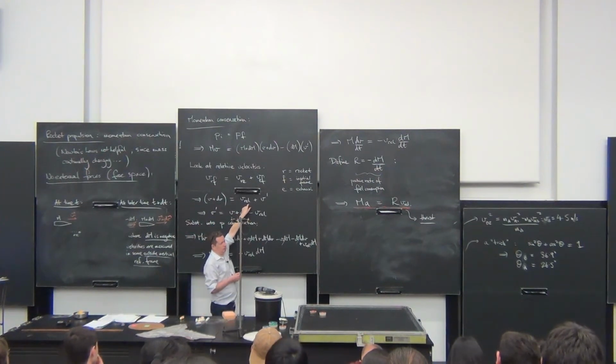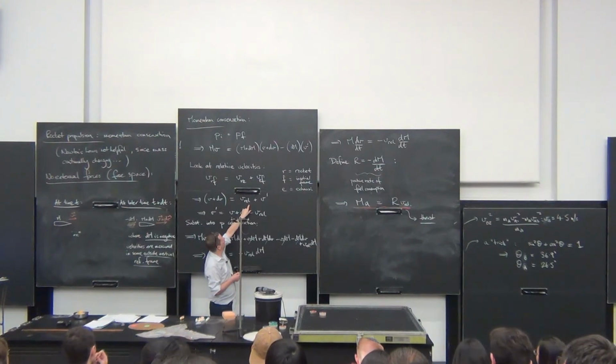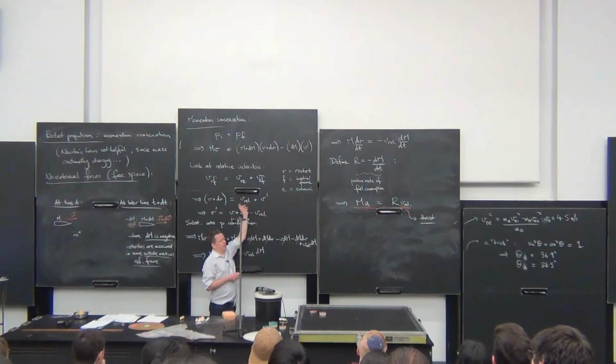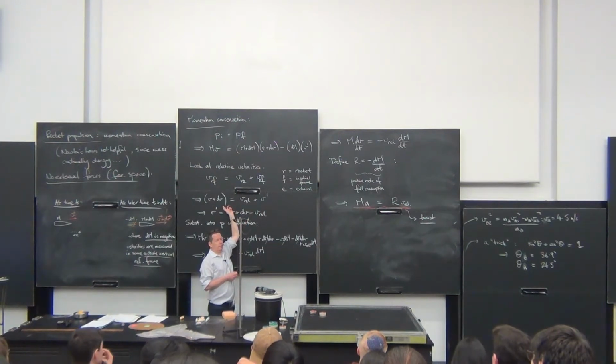Okay, now a little bit of change of variables, making use of the relative velocity. So this is now talking about the velocity of the exhaust relative to the rocket, or the rocket relative to the exhaust, the way it's defined. But of course we can express that in terms of the two outside or externally observed velocities, and that's what we do here. Okay?